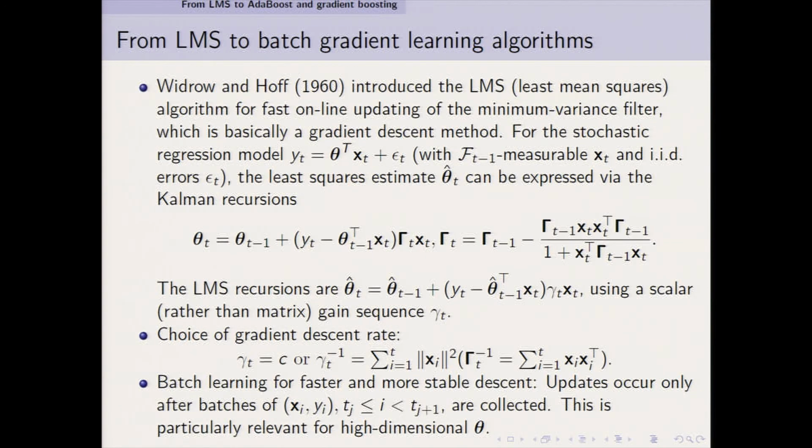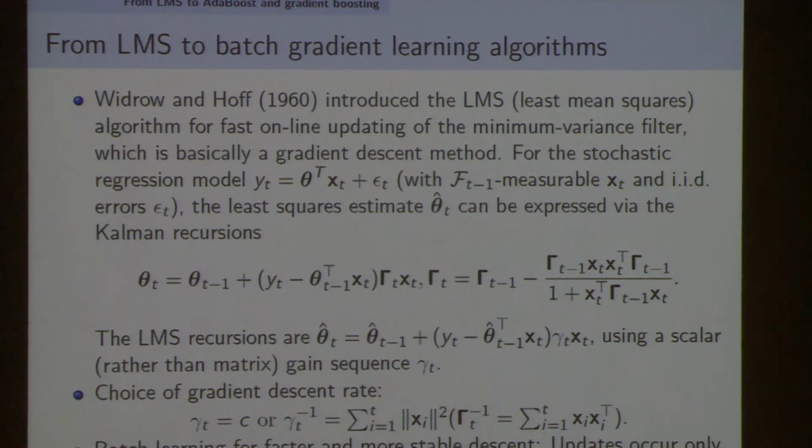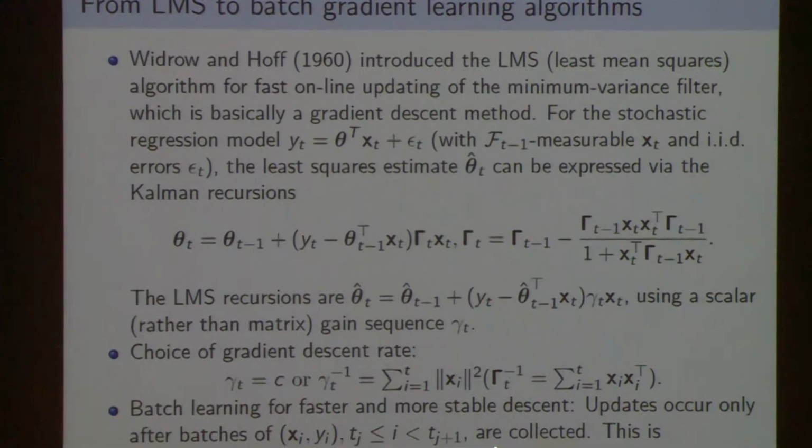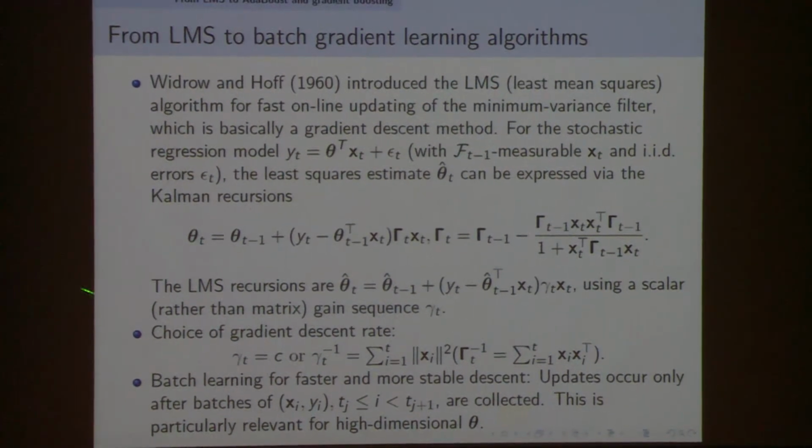So here it started out as a recursive algorithm. I think Widrow was doing echo cancellation with that. So it's an online algorithm. But now this has evolved into gradient descent from the recursive form. You do it in batches, batch learning, for faster and more stable descent, and the updates occur after batches.